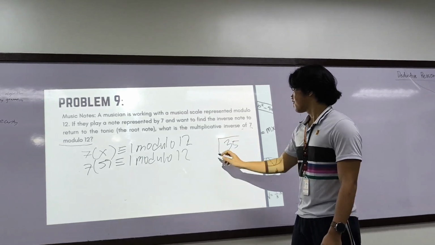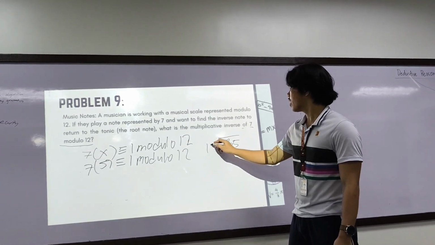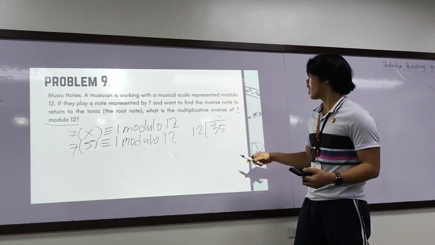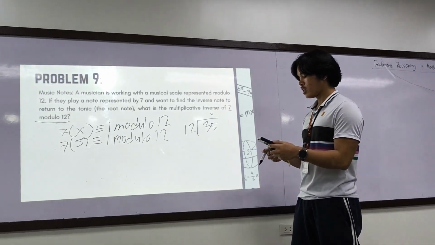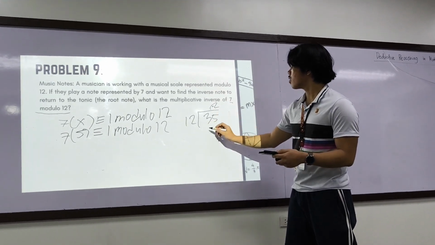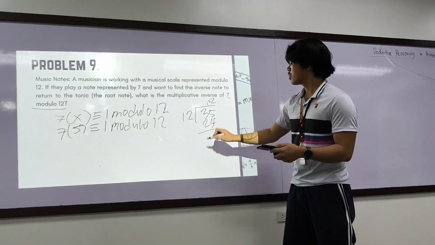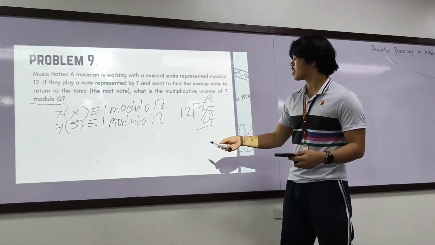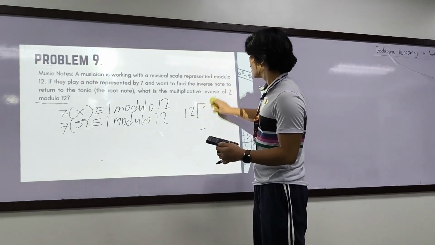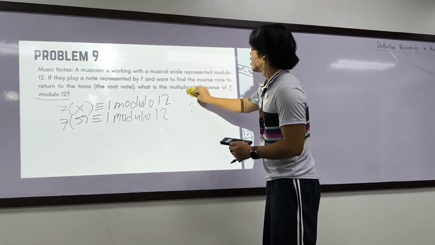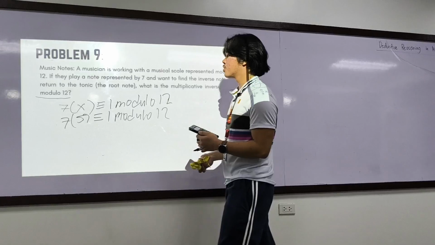When 35 is divided by 12, we have 2, so 2 times 12 is 24. Still, we will not get the remainder 1. So we conclude that 5 is not the multiplicative inverse of 7 modulo 12.